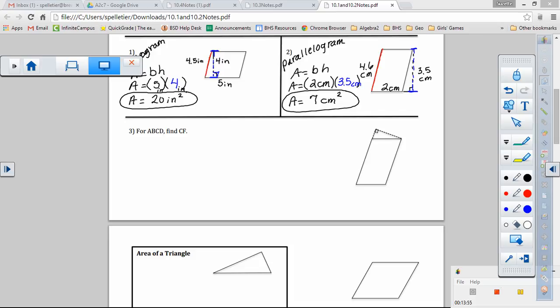Number 3 is a bit of a trick question in that it's giving you some information and not all information. So they're making it a little bit tricky. Okay, so let me label it for you.